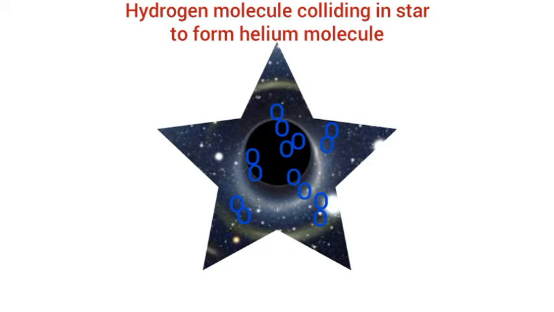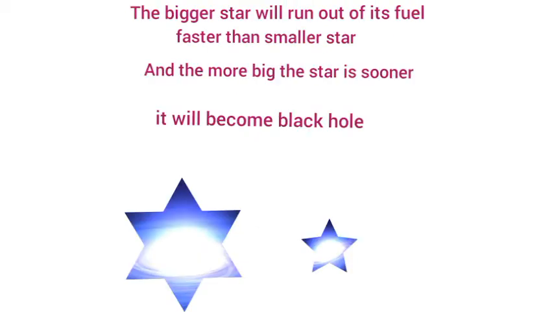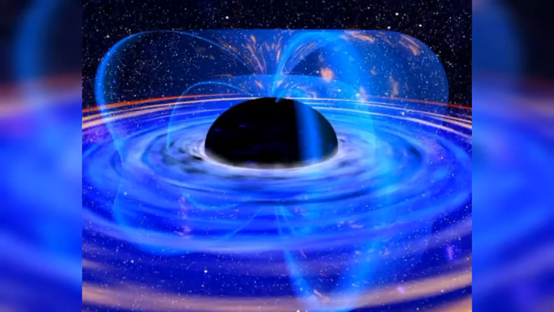And paradoxically, the more fuel a star starts off with, the sooner it runs out. This is because the more massive the star is, the hotter it needs to be to balance its gravitational attraction. And the hotter it is, the faster it will use up its fuel.